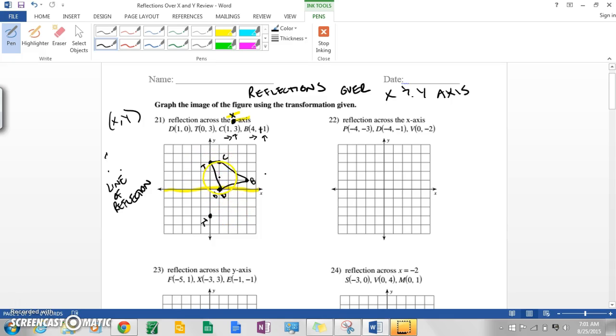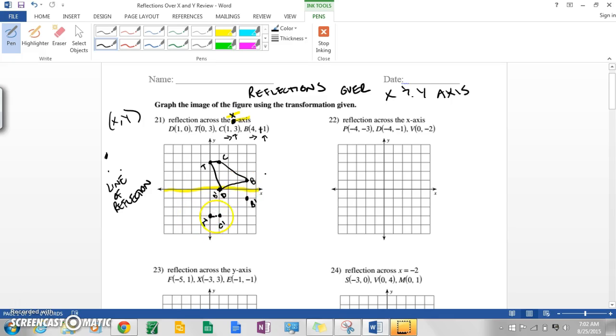C is 1, 2, 3 units away from the line of reflection. So my line of reflection here, 1, 2, 3 spots away. C prime. And then B is just 1 unit away from the line of reflection, so it's going to be 1 unit away over here.